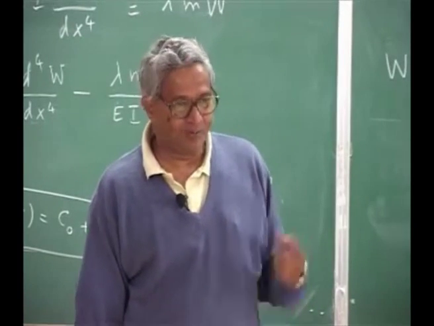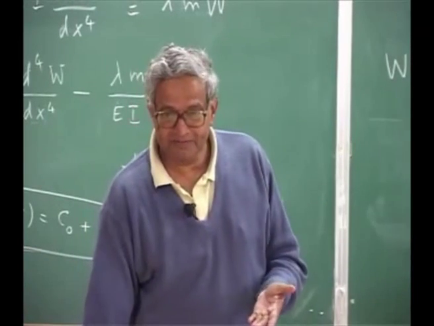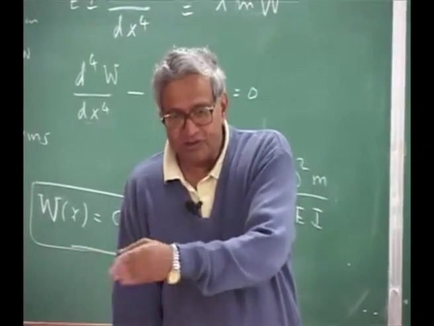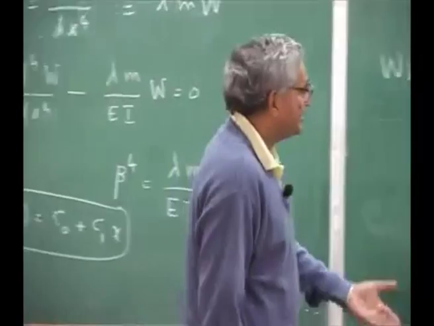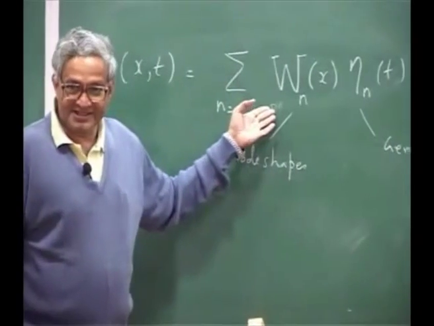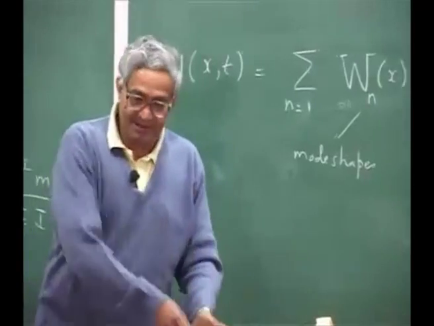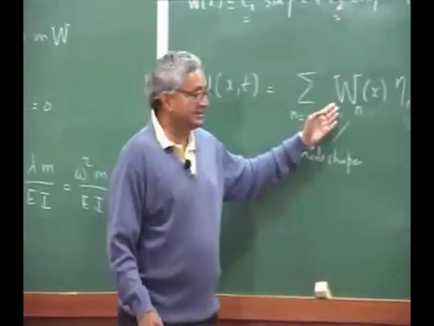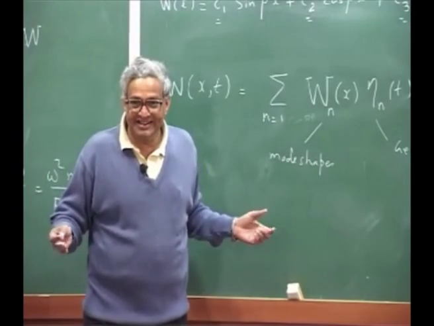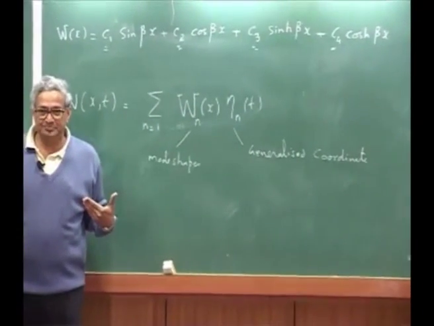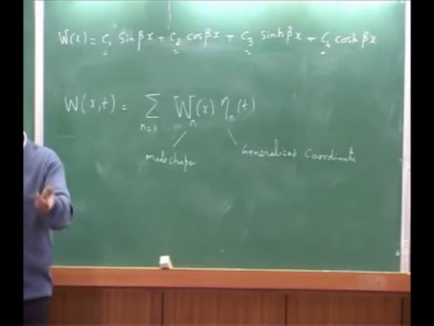If those functions satisfy geometric as well as force or natural boundary conditions, then you call them comparison functions. If it satisfies all the boundary conditions and the equation, then that is an eigenfunction. Now you see, we got exact eigenfunctions for an approximate problem.